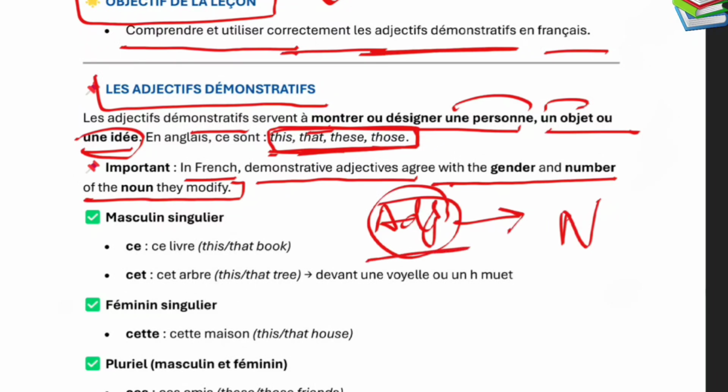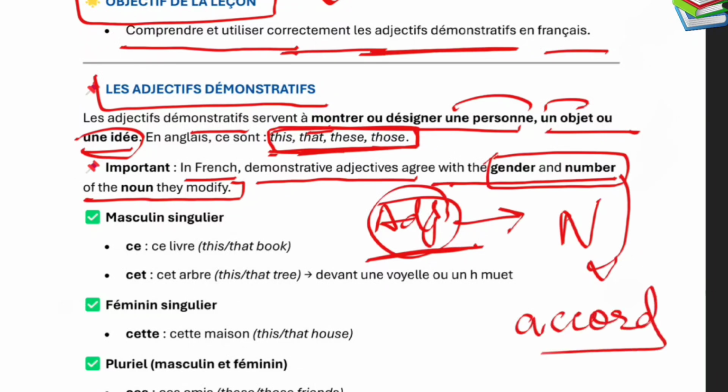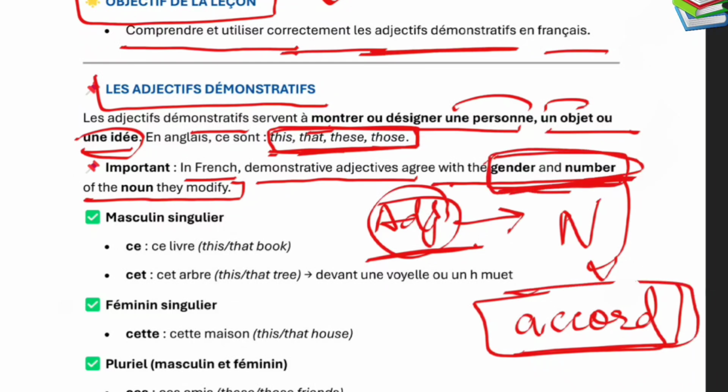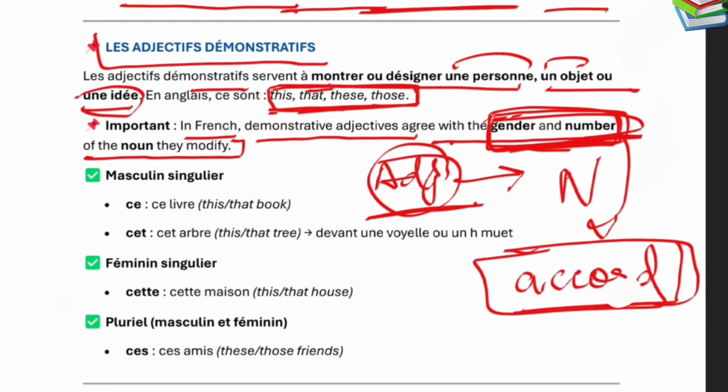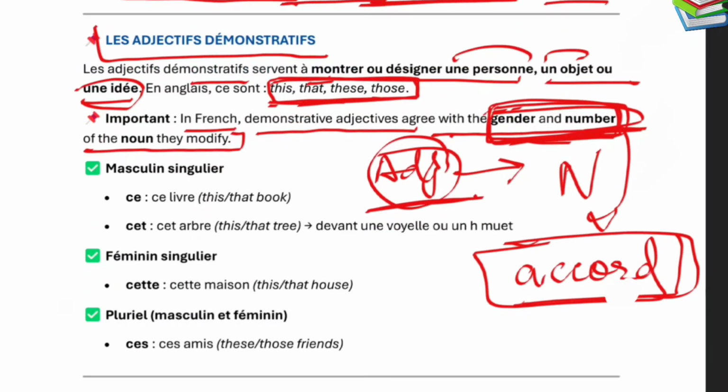And here too, demonstrative adjective is also gender and number sensitive. So again, something that I taught you in the other class, accord. So accord is basically agreement. So this will also agree in gender and number. This is something which is typical of French, something that you do not find in English. Okay, we will understand that in depth once we go down.